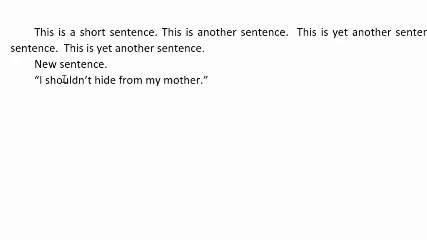So "I should not hide from my mother" sounds much more formal than "I shouldn't hide from my mother." So if you want casual writing, you should use the condensed or collapsed form using the apostrophe. And if you want something more formal, use "should not." That's part of your writing style.